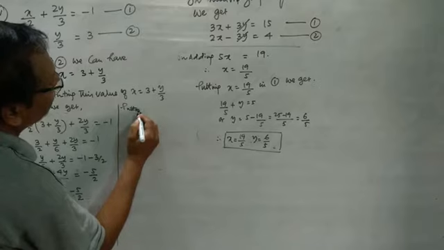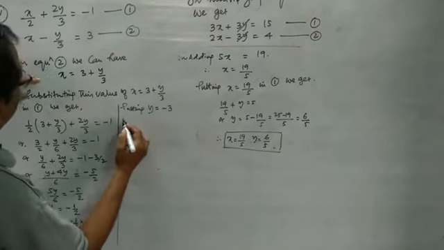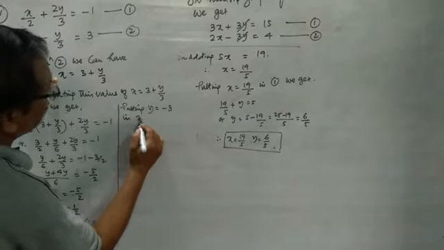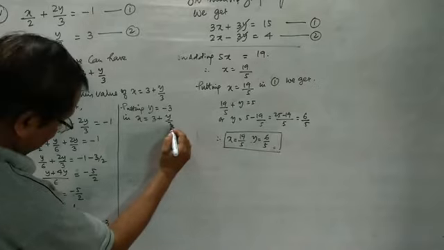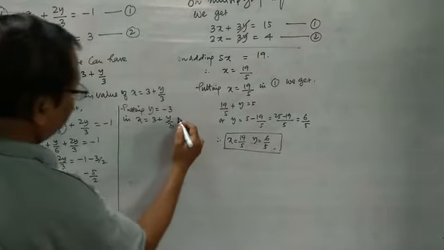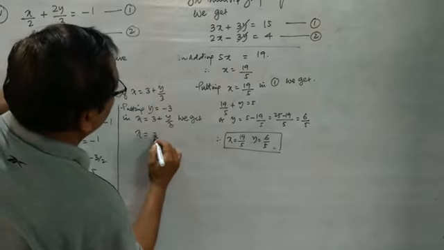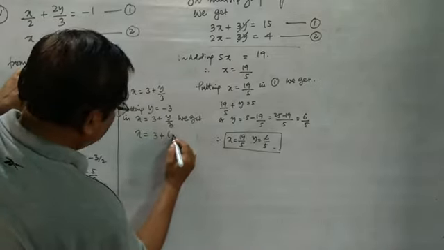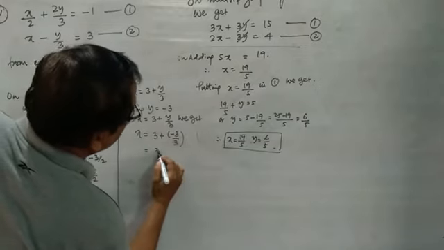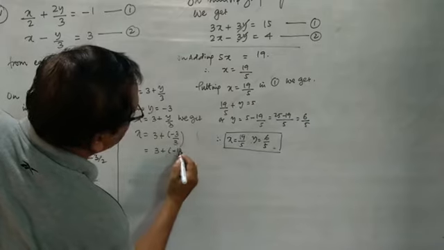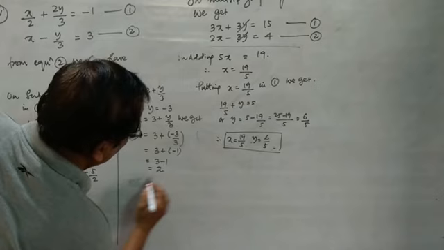Putting y equals minus 3 in x is equal to 3 plus y by 3, we get x is equal to 3 plus minus 3 upon 3, that is 3 plus minus 1, that is 3 minus 1, that is 2.